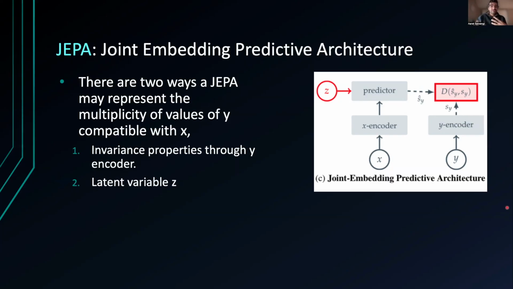So in this way, when you are using multiplicity of values of y compatible with x, you are essentially eliminating the uncertainty problem, because all of that uncertain behavior, like what different values could be there of the signal, gets pushed to z, the latent variable. All of these options are represented in z.